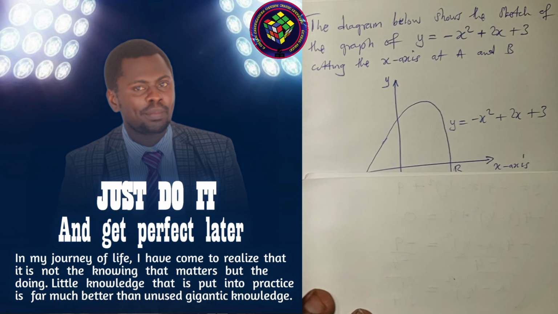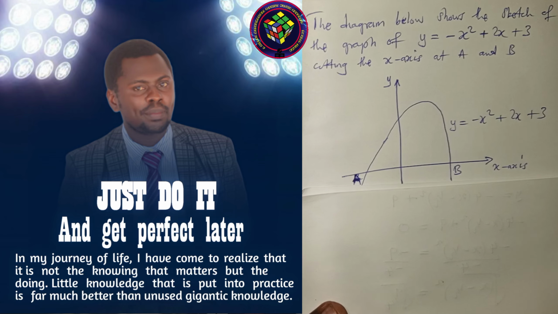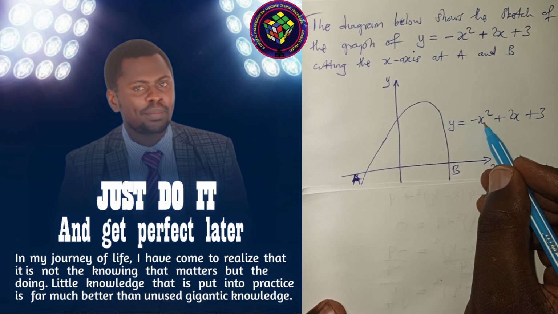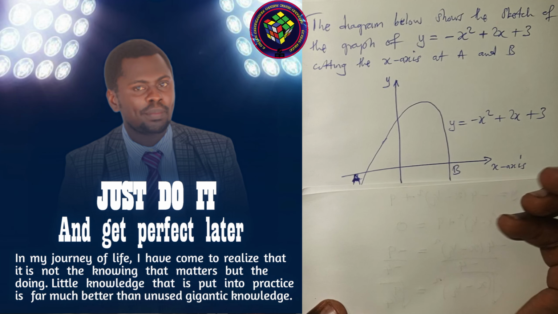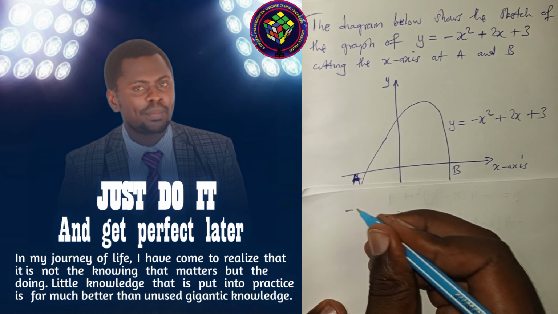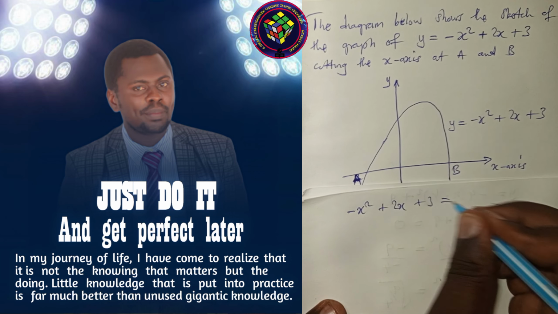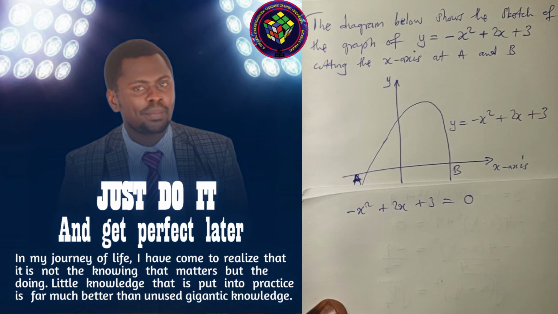Okay, so we can see that our equation is y is equal to minus x squared plus 2x plus 3 is equal to 0. So you get minus x squared plus 2x plus 3 equal to 0.